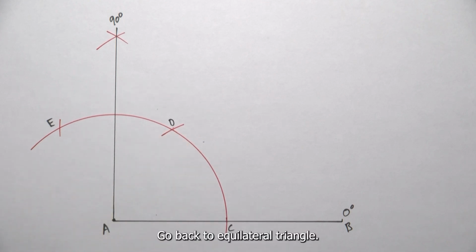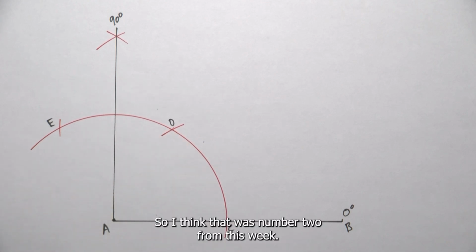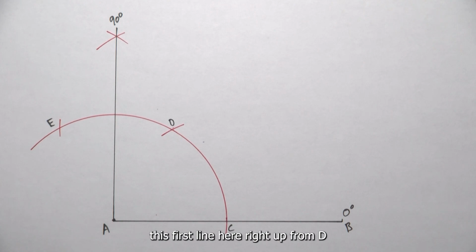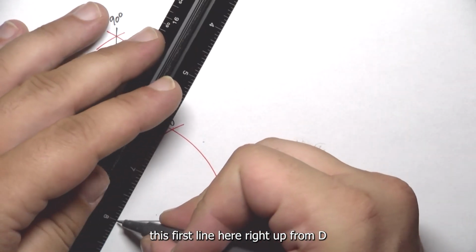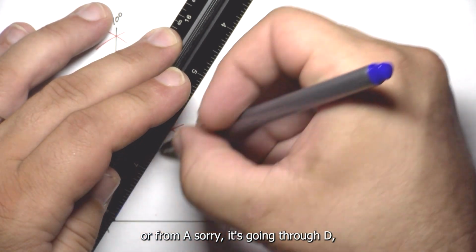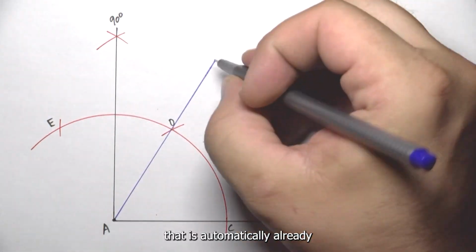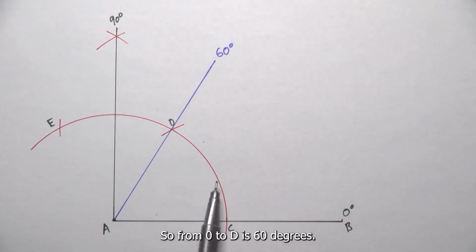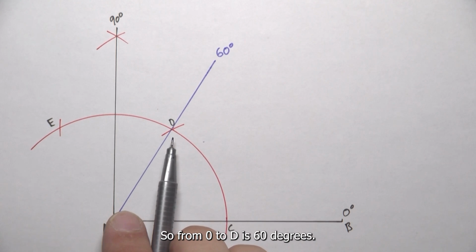Go back to equilateral triangles. I think that was number 2 from this week, right? And it's the same way we drew an equilateral triangle, which means that this first line here, right up from A, going through D, that is automatically already a 60-degree angle from 0. So from 0 to D is 60 degrees.